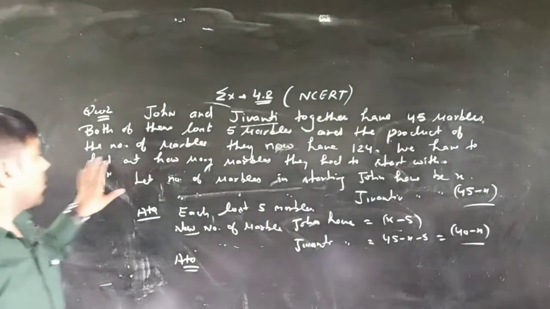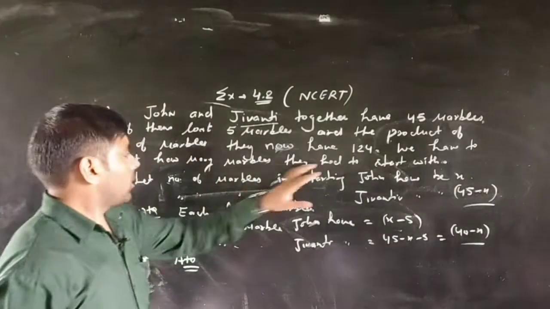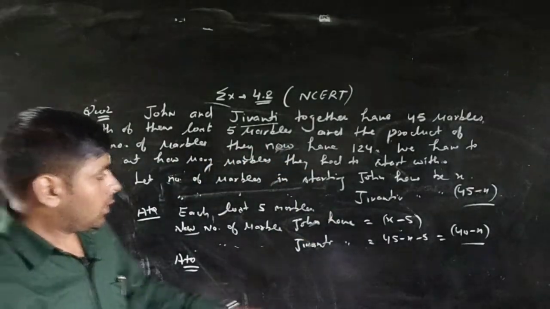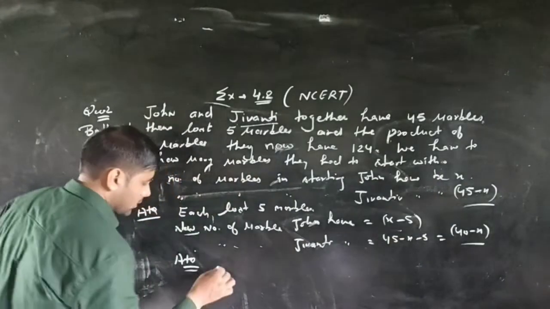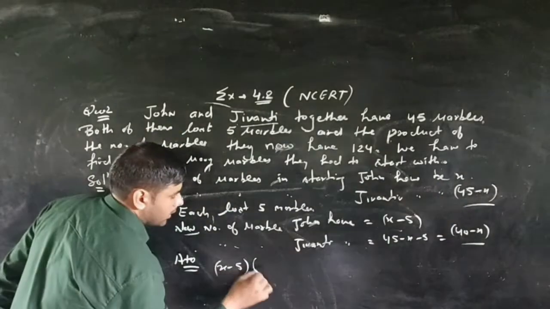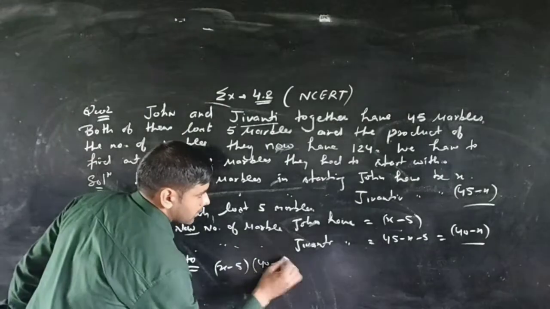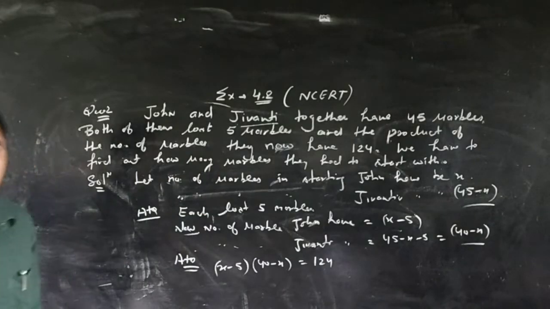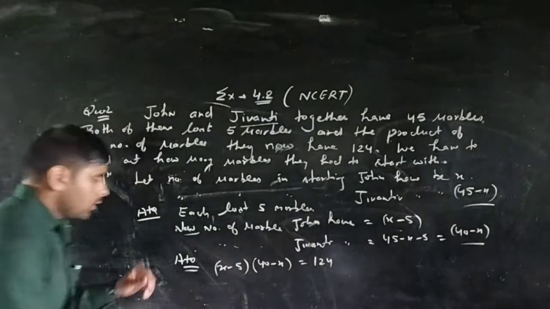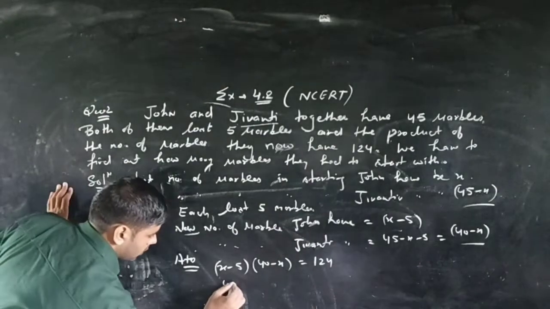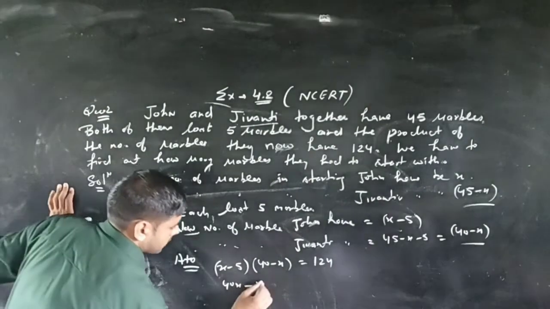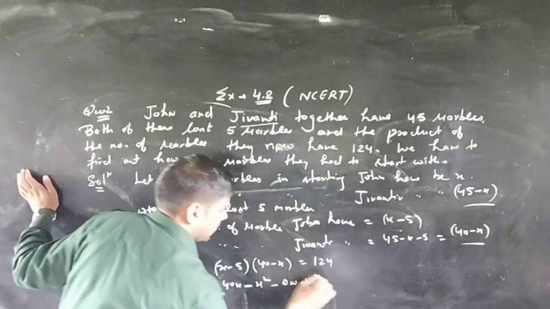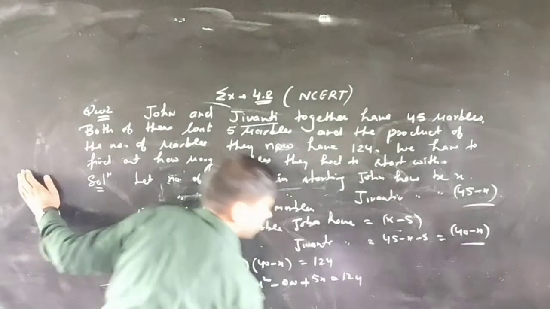According to the question, the product of the number of marbles they now have, the product of x minus 5 and 40 minus x, is equal to 124. Multiplying this: x into 40 is 40x, x into minus x is minus x square, minus 5 into 40 is minus 200, and minus 5 into minus x is plus 5x, equal to 124.